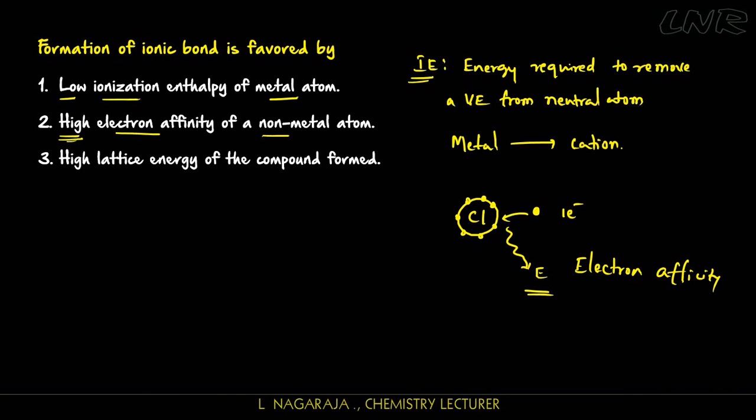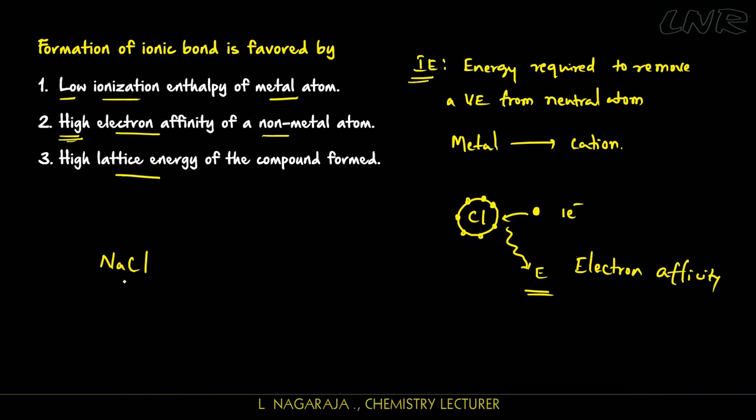And then the last point, that is high lattice energy. So lattice energy is defined as the amount of energy required to separate 1 mole of a compound into its gaseous ions. For example, let us take sodium chloride, the ionic compound.